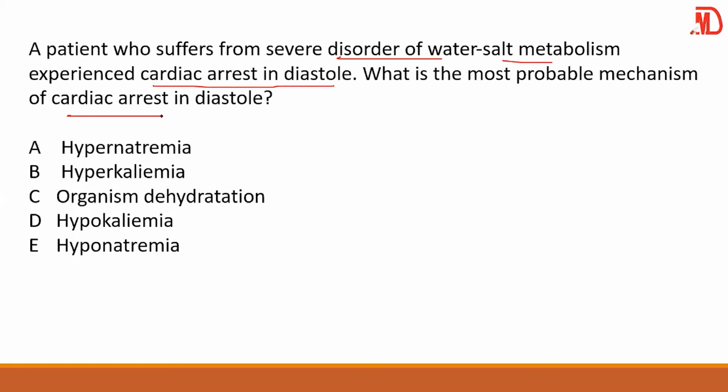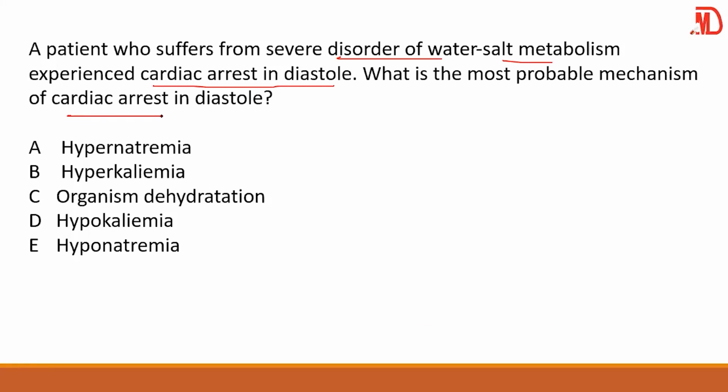Take note. And don't forget, in diastole, we are talking about the T wave, and the T wave deals with potassium levels. So when there's too much potassium, it can lead to cardiac arrest.